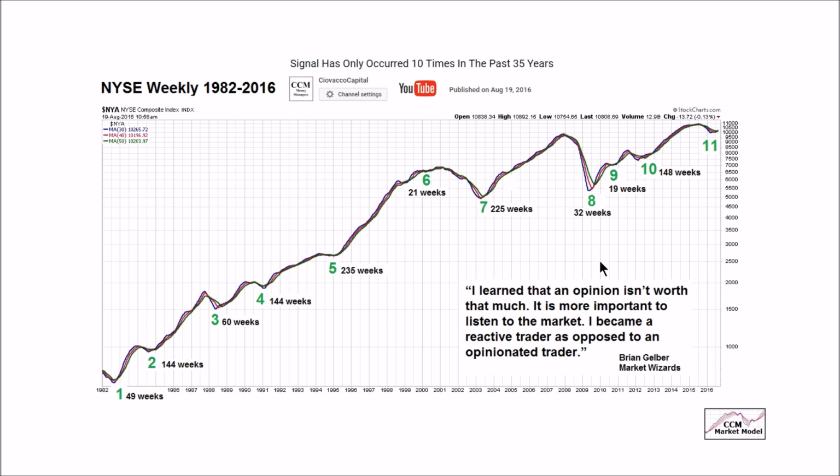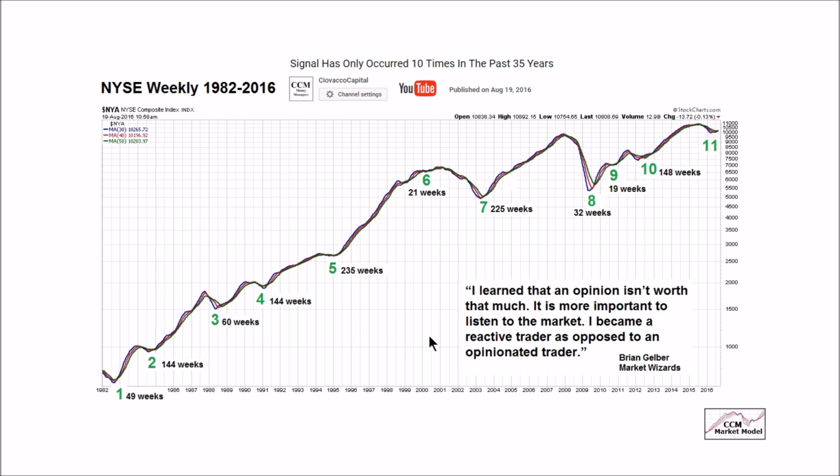And as we'll cover momentarily, you can make sound arguments that the setup in the present day is quite a bit better than the setup here, which tells us it's possible, within the realm of possibility, no forecasting here, taking it day by day, that this rally lasts longer than 235 weeks.